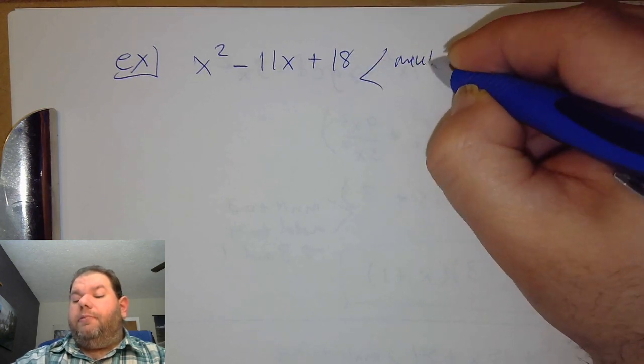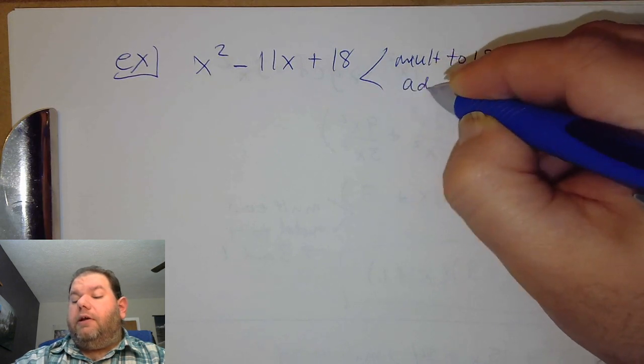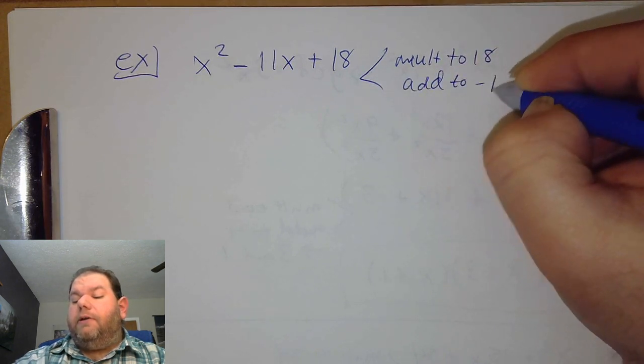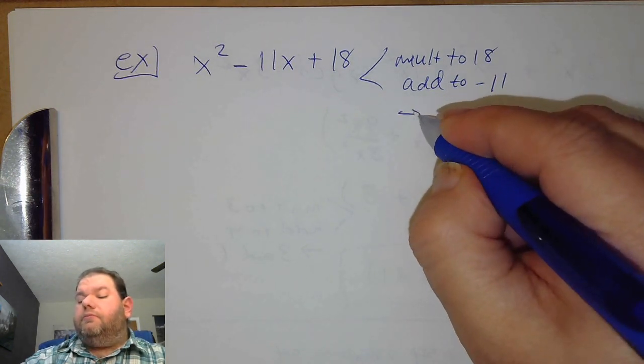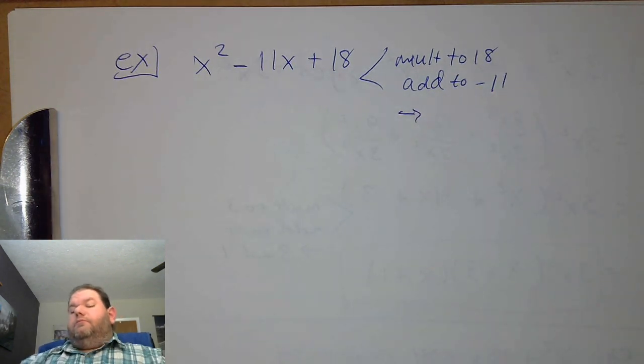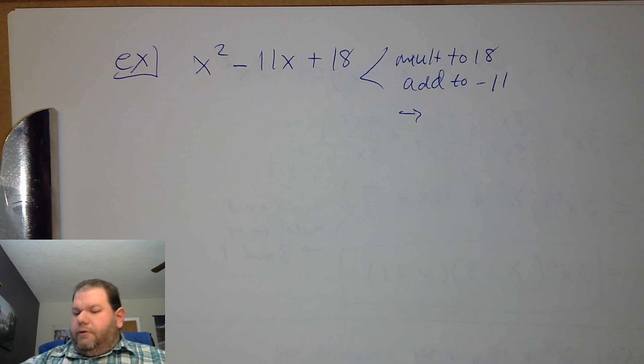So we want two numbers that multiply to 18 and add to minus 11. -2 and -9. Good.